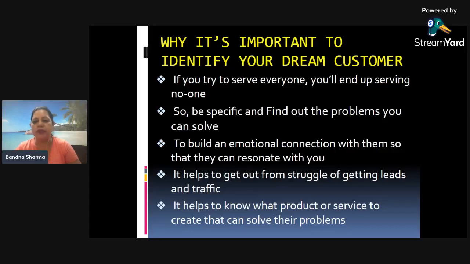So you have to identify the person or a group of people whose problems you can solve or who you can help. So be specific and find out the problem you can solve. Be specific in identifying who is that particular group of people whose problems you can solve, right?